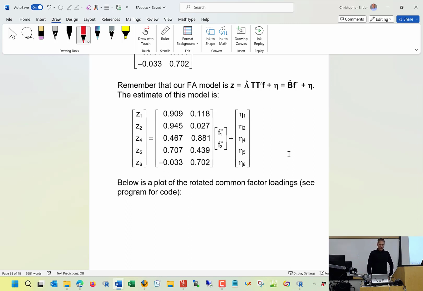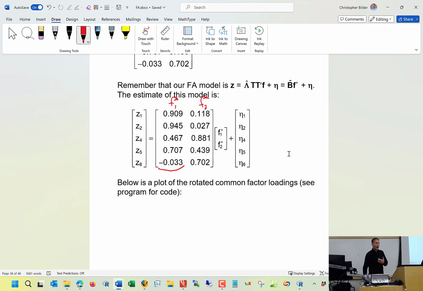Now let's interpret this. Notice for common factor 1, so this would be like F1 star, this would be F2 star. For common factor 1, we can see that Z1 and Z2 have a very strong relationship with it, and it has really no relationship with Z6.